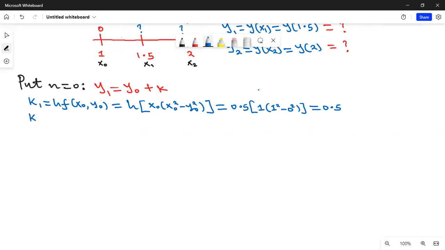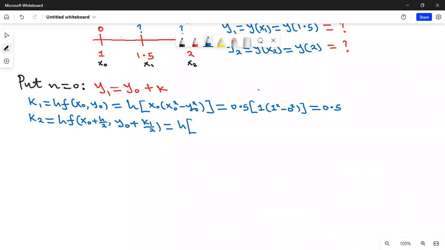Let's compute K2. From our formula, it is h f of x naught plus h over 2, y naught plus k1 over 2. And so this will be h into, now, our definition of f of x, y is x into x squared minus y squared. So where there is x, we put x naught plus h over 2.